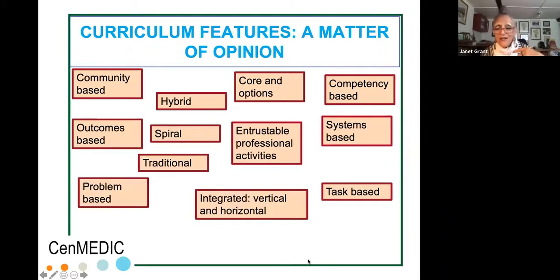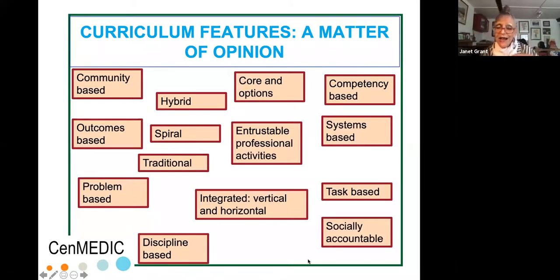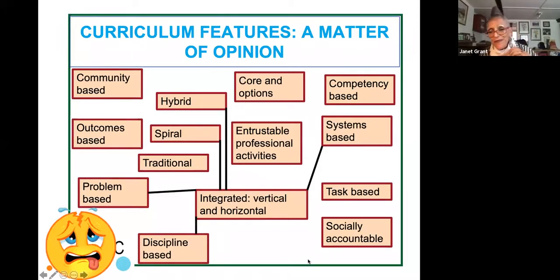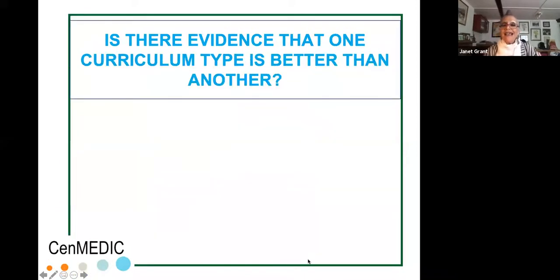And it carries on and on. These are ones that just came off the top of my head. And on and on and on. And you might choose one, you might choose the other. The choice is yours, because is there any evidence that one curriculum type is better in any way, or even different in outcomes actually, than any other?